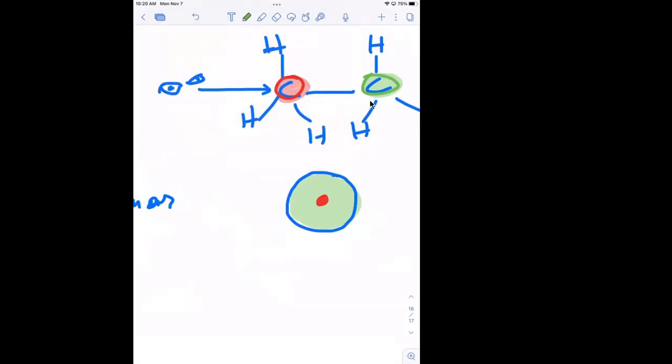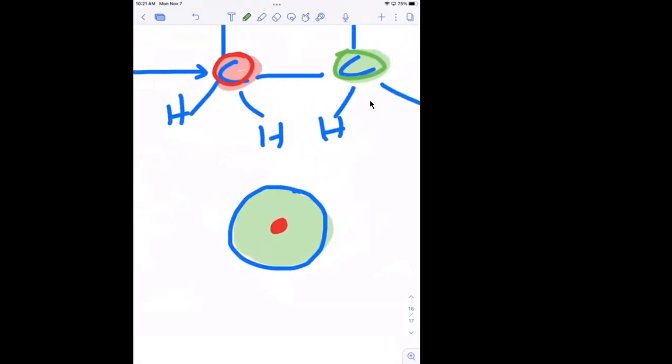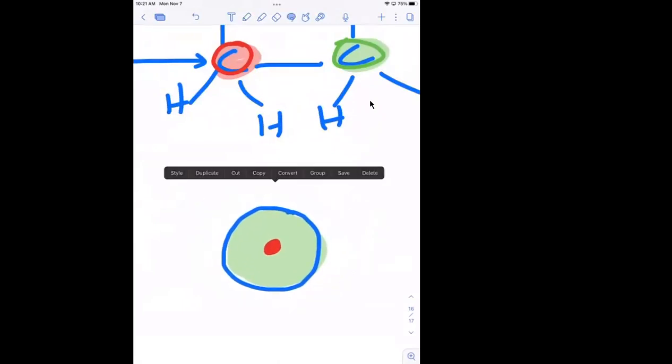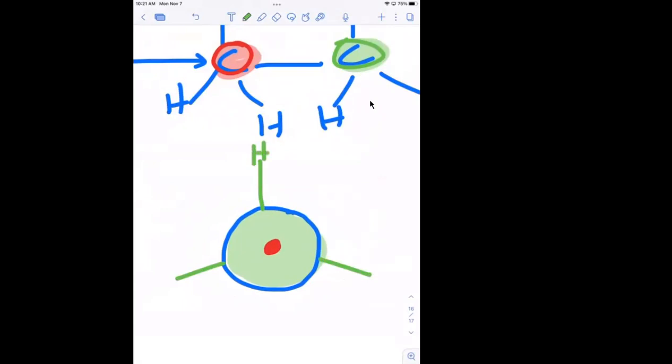All right. So on each carbon, on the red carbon, I have 3 hydrogens. And so on the green one, I have 3 hydrogens. So I'll put those in, I'm going to put them in static first, and then I'll explain what that means. So I have a hydrogen here, here, and here, based on the geometry. And then on the front carbon, I'm going to put my hydrogen in like this.